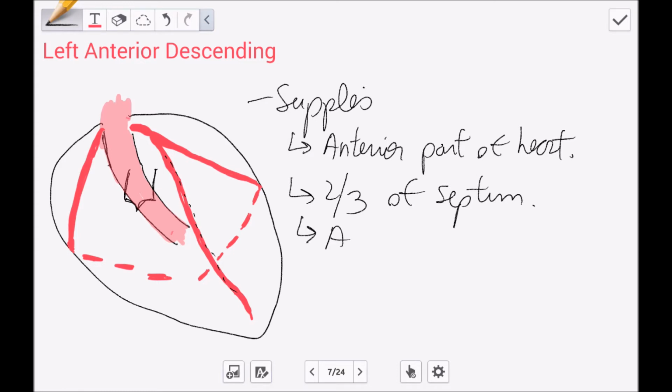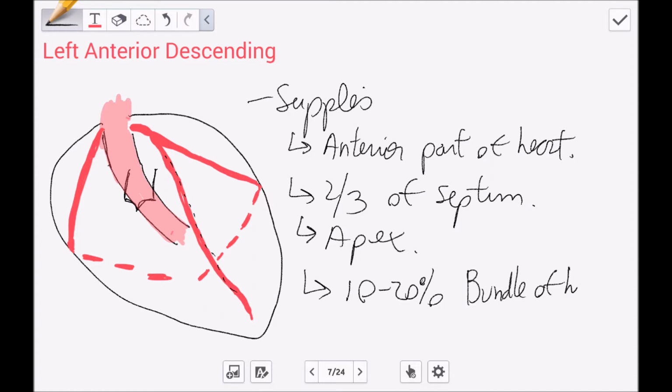It supplies the apex. And it supplies in about 10 to 20% of people the bundle of His. Remember that from the previous slide, we said that in about 80 to 90% of people it was supplied by the right coronary artery.